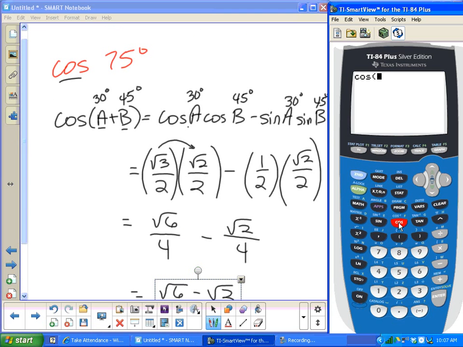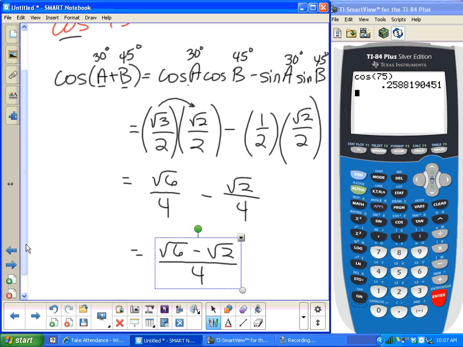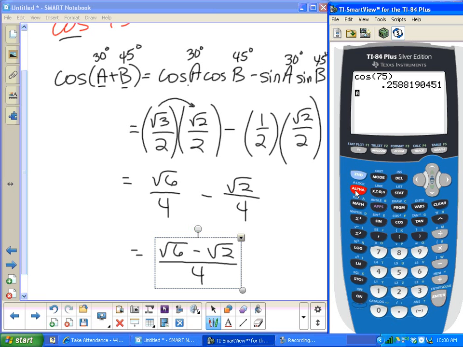I checked it earlier, and I'm in degrees here. So cosine of 75 degrees is about 0.2588. Now, this square root of 6 minus square root of 2 over 4 should be the same thing. So let's punch all that in. You have to get a little complicated with your fraction here.